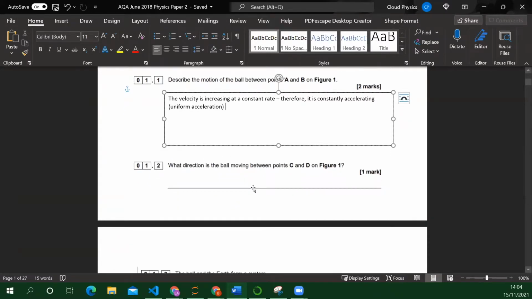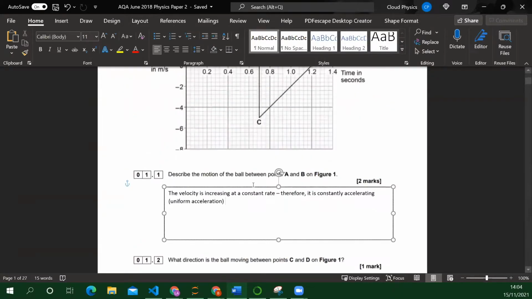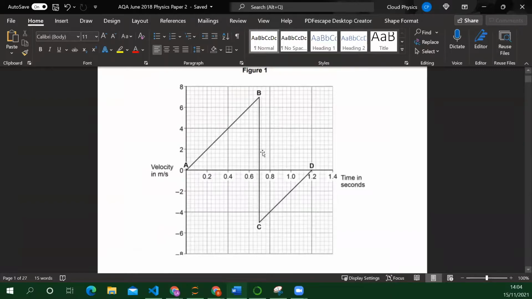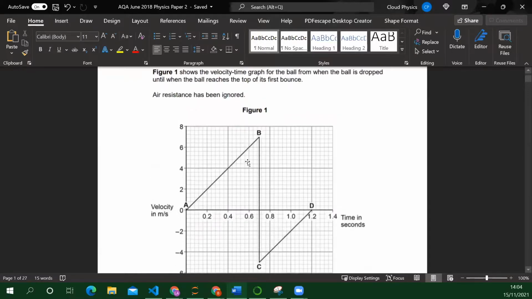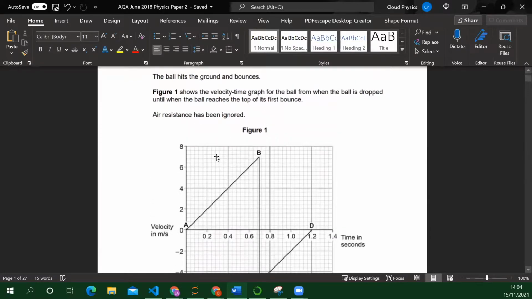What direction is the ball moving between the points C and D on figure 1? It's skipped out the middle section, so you've got to be careful of that. Let's have a look at what's actually happening. The ball is dropped until when the ball reaches the top of its first bounce.